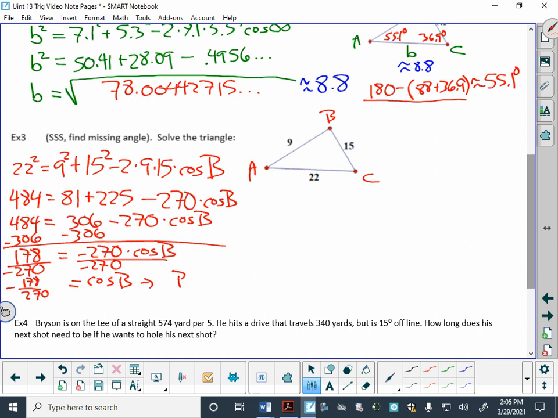So B is going to be the inverse cosine of negative 178 over 270, and I'm going to put it in my calculator just like that. So second cosine, negative 178 divided by 270 gives me 131.2 degrees.